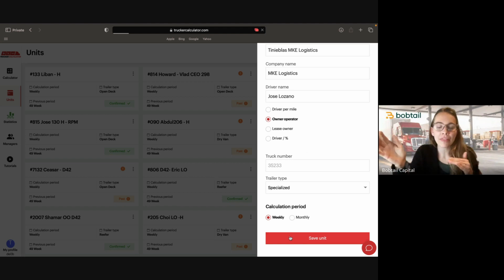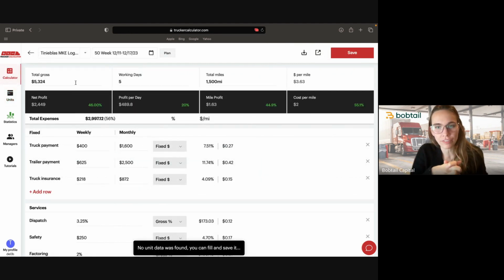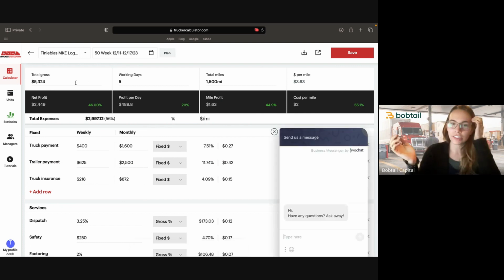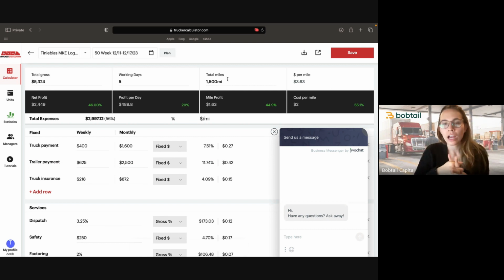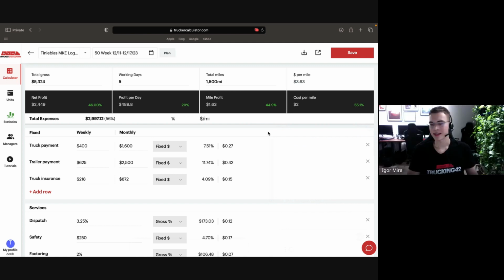So do we want to do weekly or monthly calculations? I'm curious, if you do a cost per mile calculation for your company and you're watching this event right now, let us know what you do. Do you do a weekly or a monthly calculation? I've seen it mainly with monthly, but what's the most common way that you've seen it done, Igor? Look, again, we get back to the consistency and the laziness of the people. Maybe with owner operators it's nowhere close to laziness, but the lack of consistency is the problem.